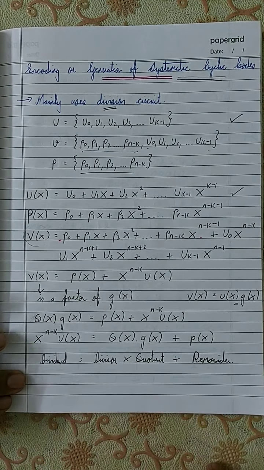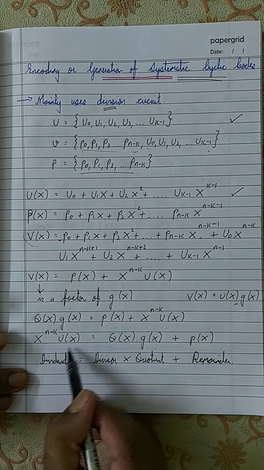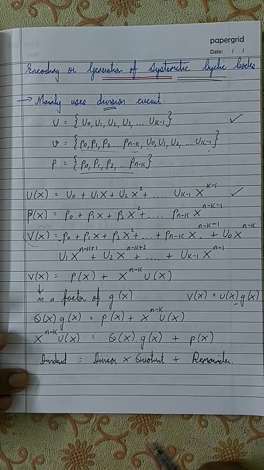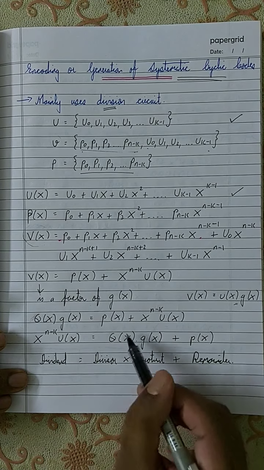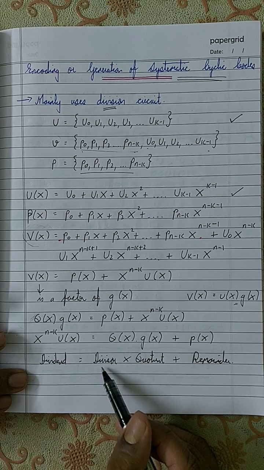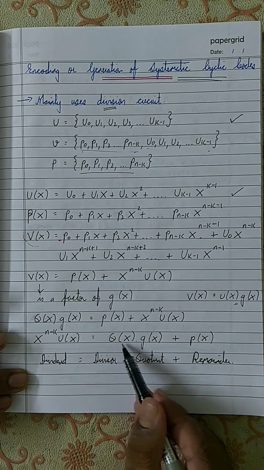We have always studied this equation. Here, this is called the dividend. Dividend is equal to divisor into quotient plus remainder. The quotient is this q of x, and the divisor is this g of x. G of x is the divisor, q of x is the quotient.